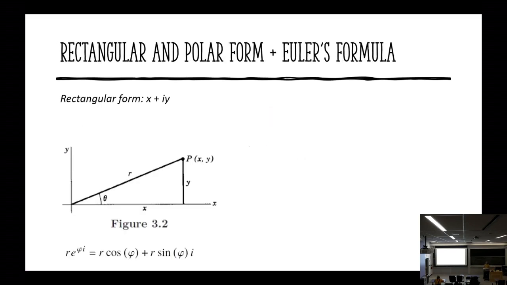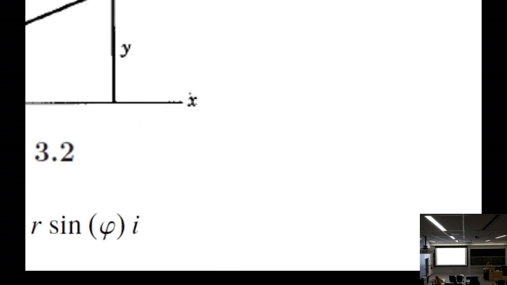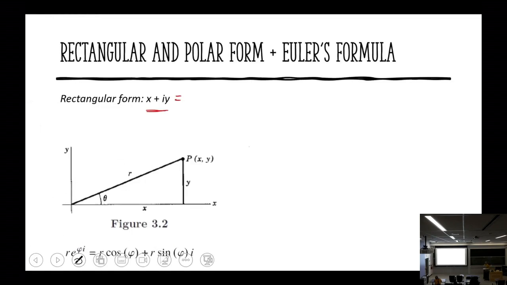So there are two ways to express complex numbers. We can write them in rectangular form, so z equals x plus iy. Or we can express them in polar form, where we express x and y as a function of r and some angle.